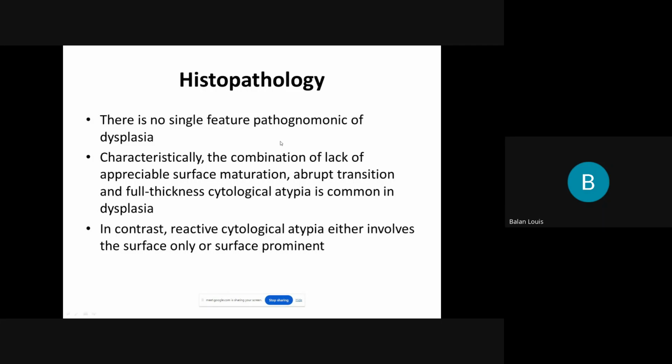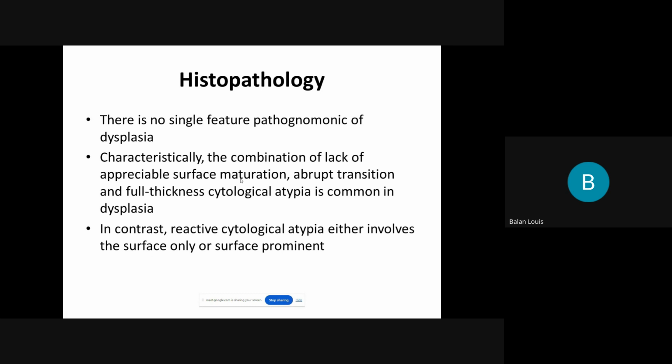So in histopathology, there is no single pathognomonic feature for dysplasia, but there are a combination of features. For example, lack of surface maturation, abrupt transition, and full thickness cytological atypia is common in dysplasia. In contrast to reactive atypia that only involves the surface, the full thickness dysplasia involves multiple layers.